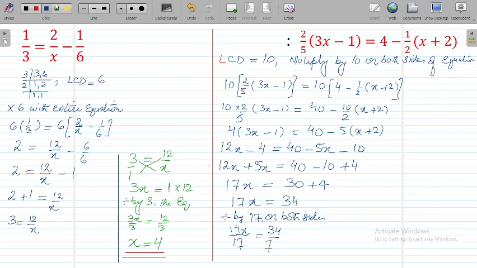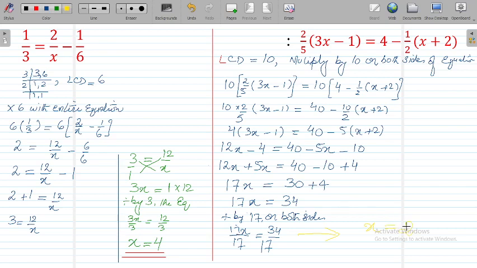Okay, so what's the final answer for this? We'll write it as x is equal to 34 divided by 17.